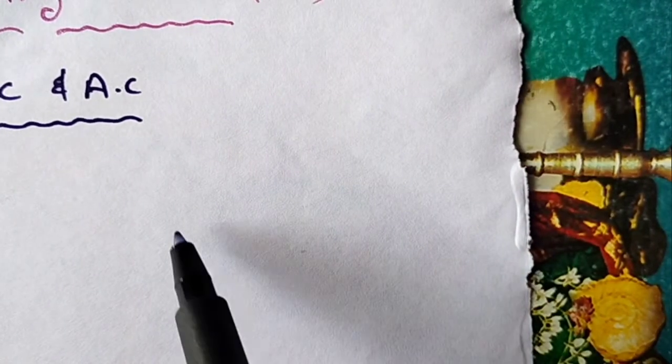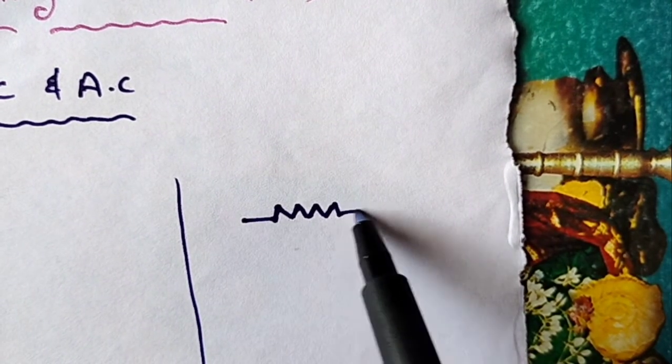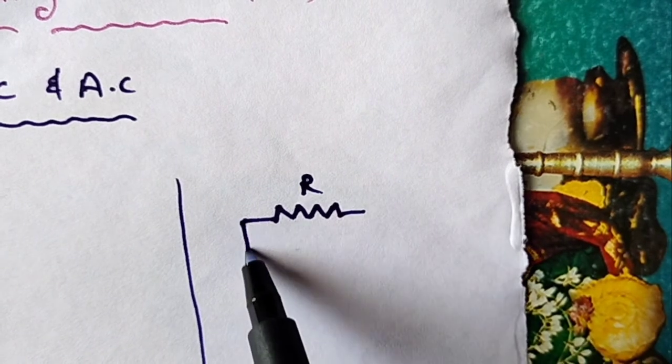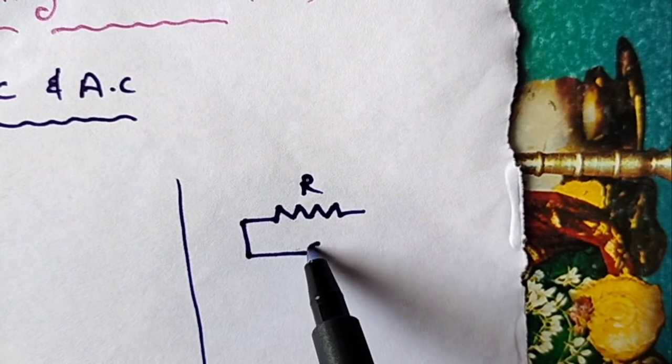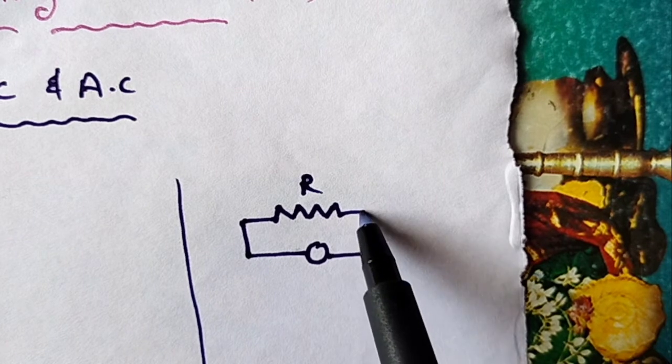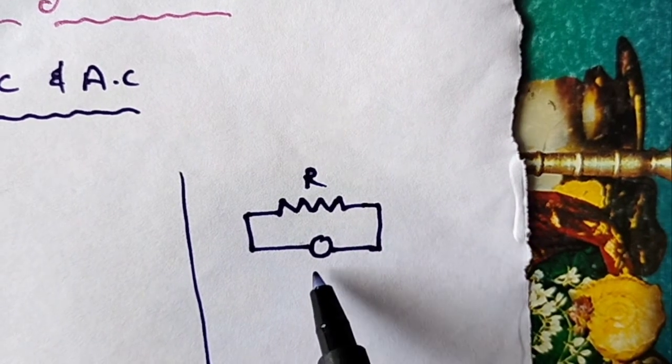And here I am taking the same thing. So what is the AC current? When I take the same resistor, capital R, here I am taking one AC signal. AC signal means AC current signal.